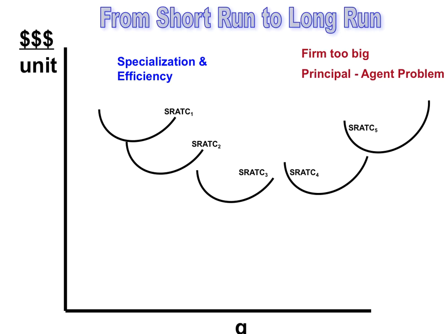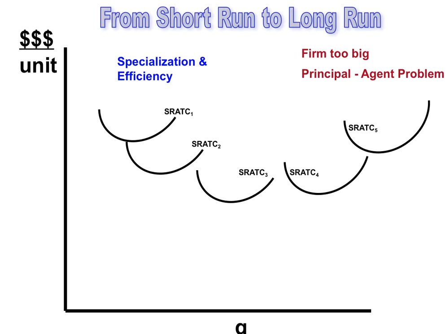There's always a principal agent problem that exists. However, especially in a big operation, it's easier for them to reveal themselves. But overall, it leads to maybe higher average costs at bigger and bigger sizes.